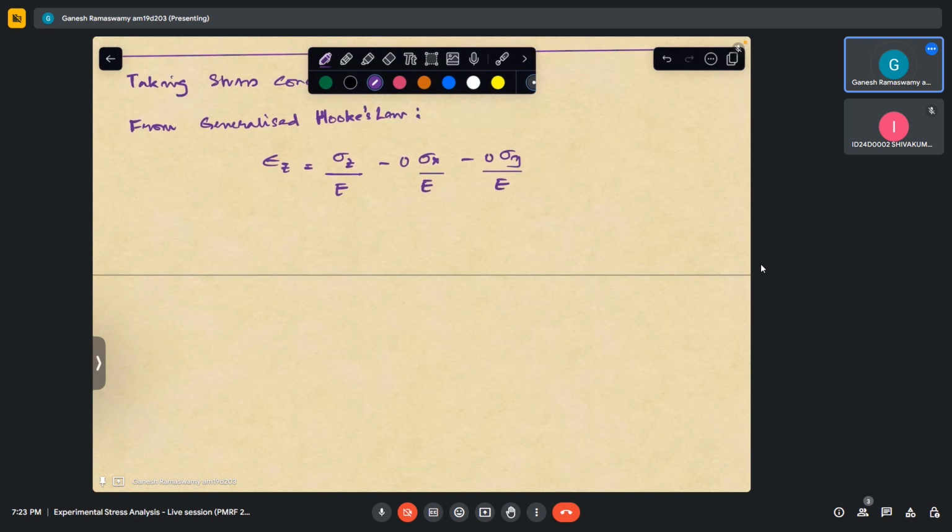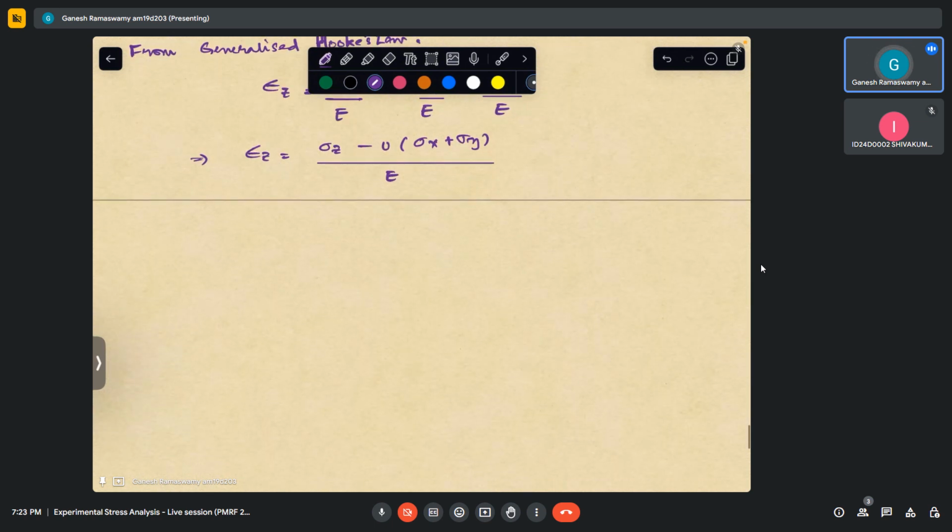This we know. So epsilon z is given by sigma z minus mu into sigma x plus sigma y, whole by E. Now for this case, for plane stress, sigma z is 0.